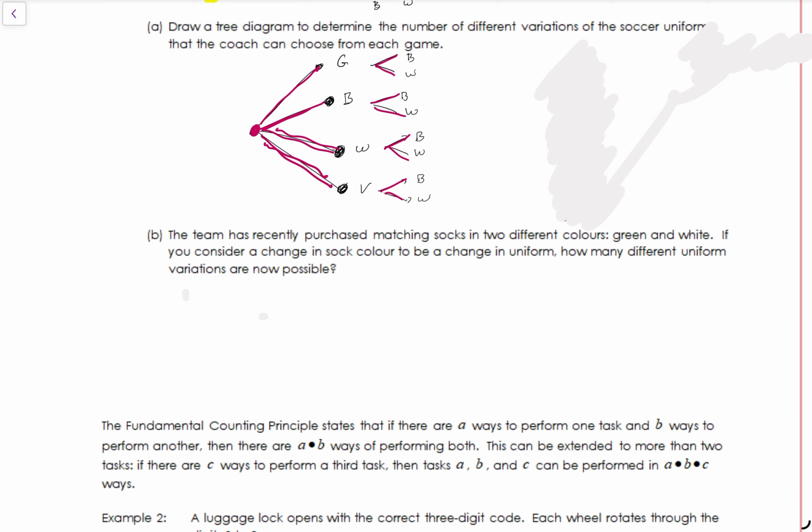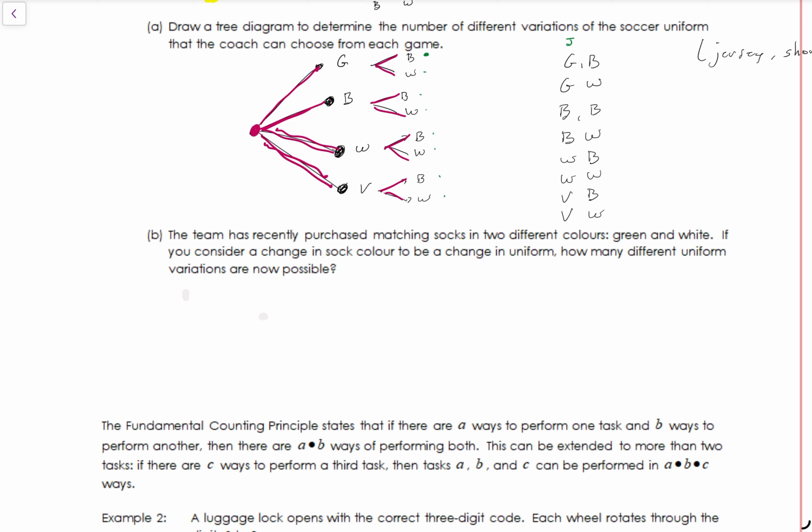So we have these options available to us, and it may be helpful if we write these in pairs. I'm just going to write these in pairs, and say, well, how did I get to these ends? Well, this first one, I chose a green jersey.